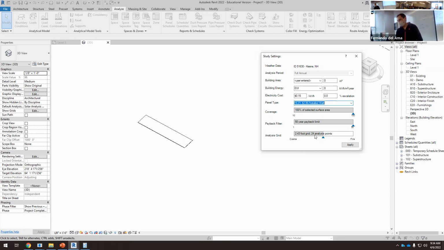This is the number of points that it is analyzing. This is relevant when we have obstructions, shadows or shades, because depending on how many points we analyze, we can make a mistake or not. If we have a PV array like this, and we have a tree or whatever, and this part is in shade, how many points are we analyzing? If we only analyze 1 point here, we don't take into account the shadows that we can have.